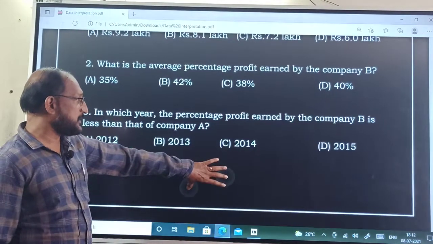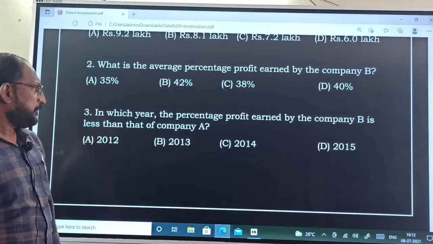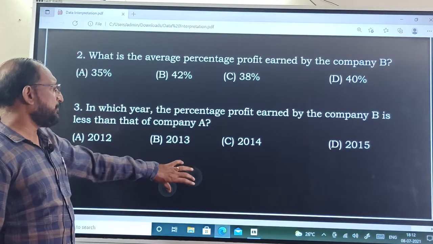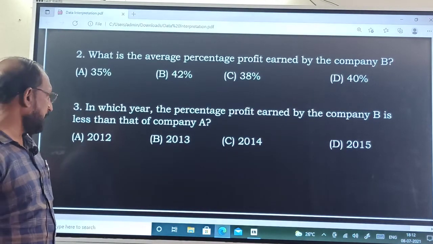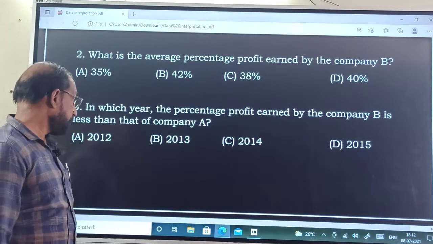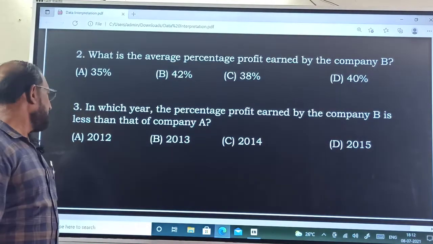See the problem. In which year is the percentage profit earned by company B less than that of company A? B should be less than A. Which year?